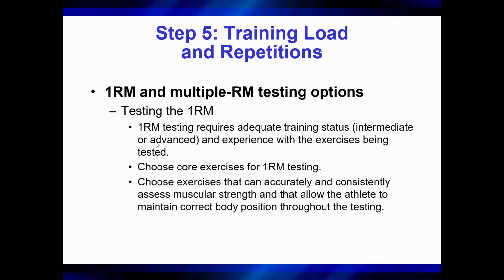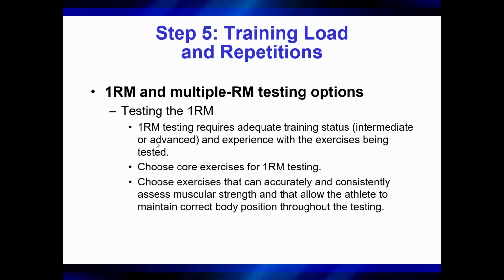Now, if we look at training load and repetitions, the 1 RM and multiple RM testing options. Testing the 1 RM itself is the gold standard, but it requires an adequate training status, so somebody who's intermediate or advanced, and their experience with the exercise being tested. You don't want to come in on day 1 and say, okay, everybody do a 1 RM snatch, and half of the people have never even heard of the exercise, let alone performed it.